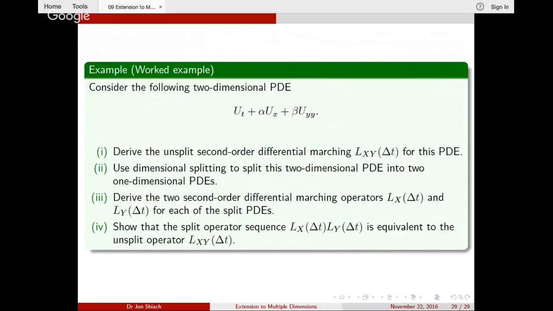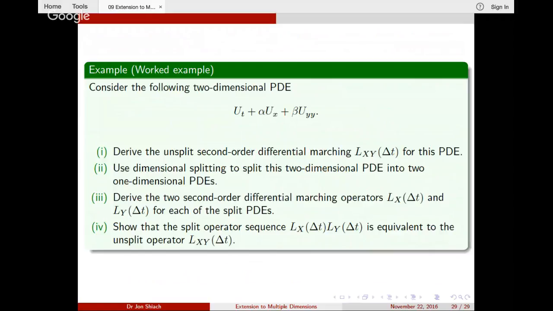So what we end up with is, that's the first term, simply delta t. Then minus alpha times the spatial derivative times the time derivative.